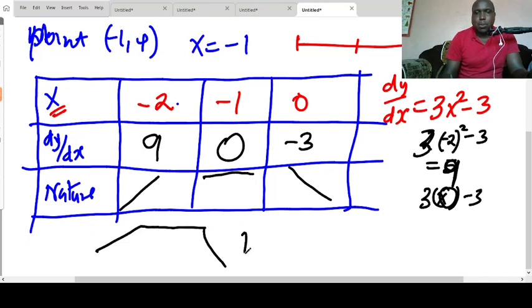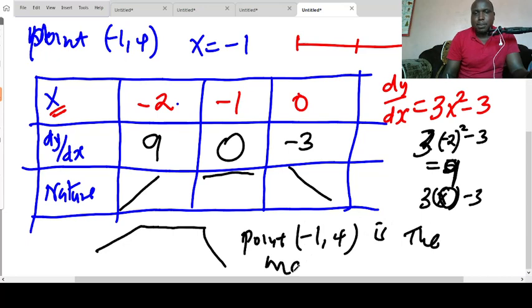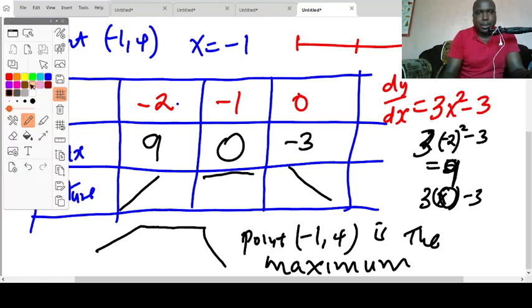Meaning that the point (-1, 4) is the maximum. Now we repeat the same using the point (1, 0). So from there, now I can delete this one.